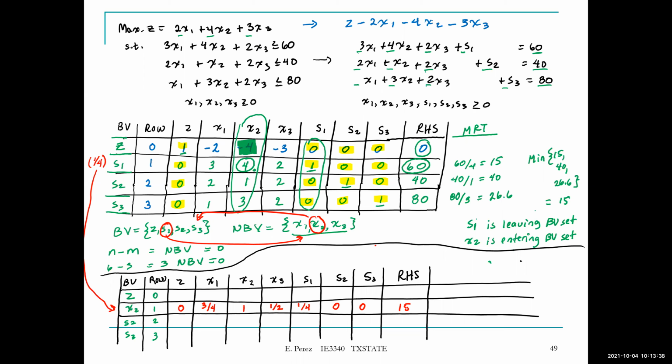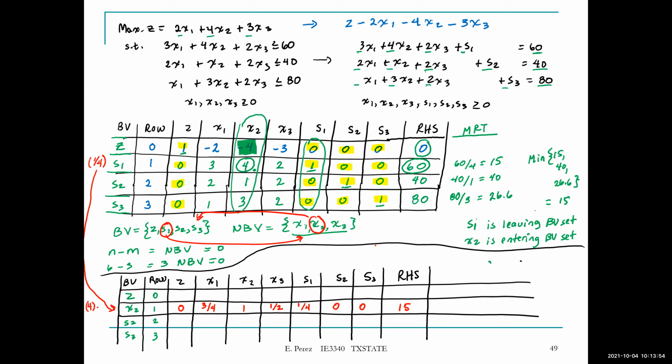So we made this 1. Now I want to make this 0. So I'm going to multiply this row by 4, and then I'm going to add it to this one.